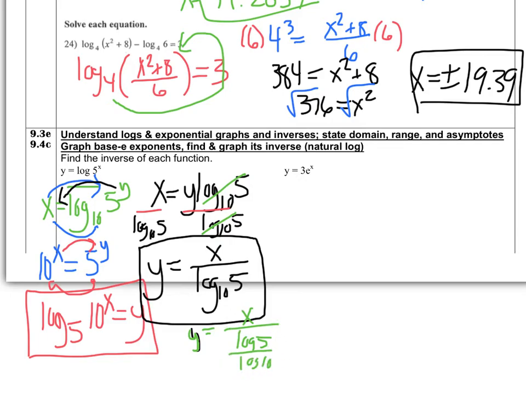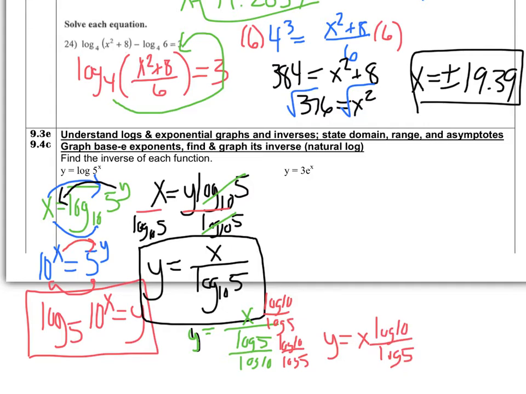Now we get rid of this fraction within a fraction. When you multiply by its reciprocal, you would do log of 10 over log of 5, and the same thing over here, log of 10 over log of 5. So what you'd have is y equals x times the log of 10 over the log of 5. Now this is really log base 5 of 10.